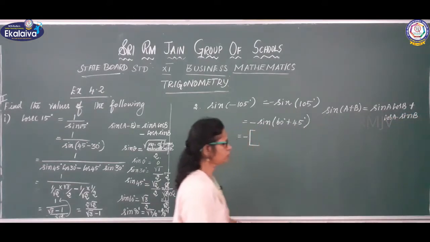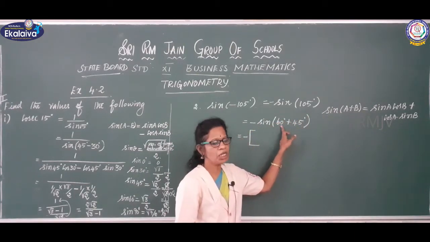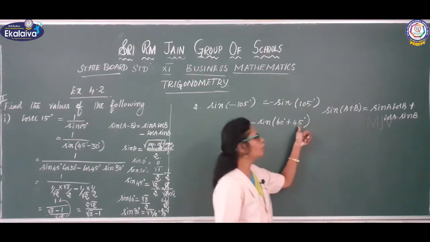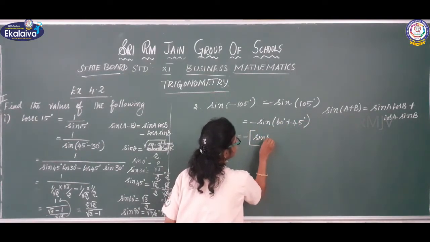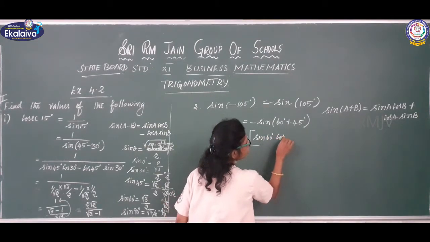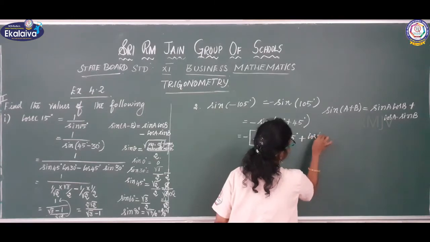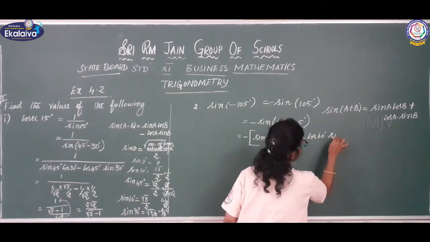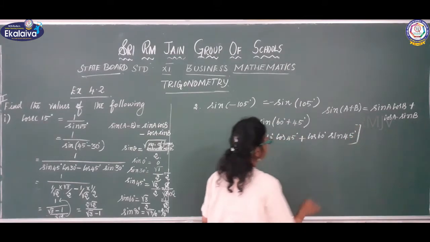Right? Now, here what is your A? 60 degree. What is your B? 45 degree. Now, sin 60 cos 45 plus cos 60 sin 45. Right, children?